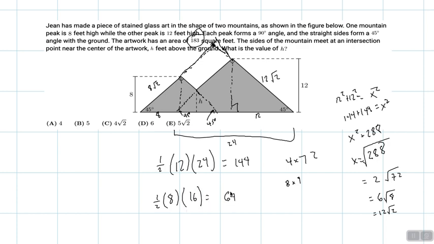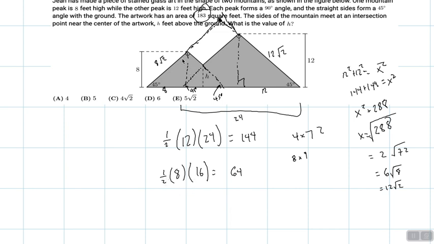64. Oh, I think we're getting somewhere. So the area of these two triangles together, we're double counting this, is 144 plus 64, which is 210. But we've double counted this.